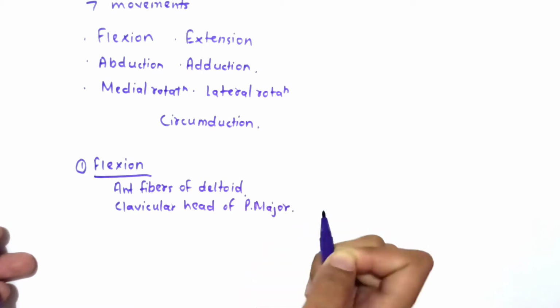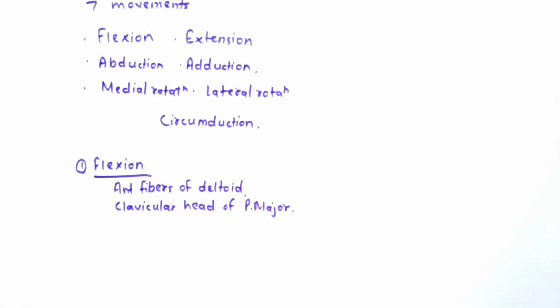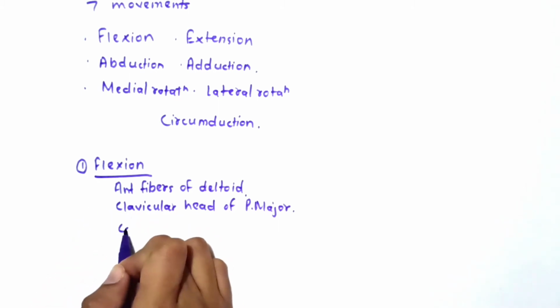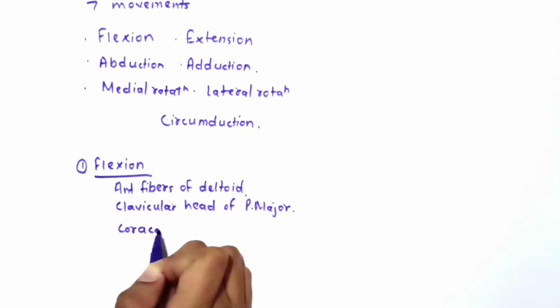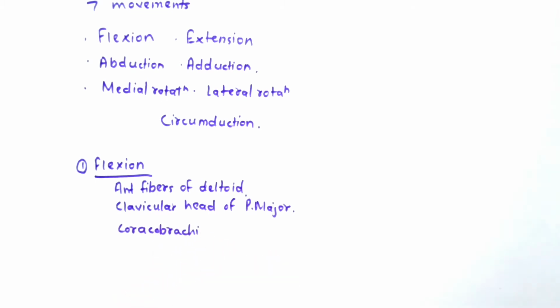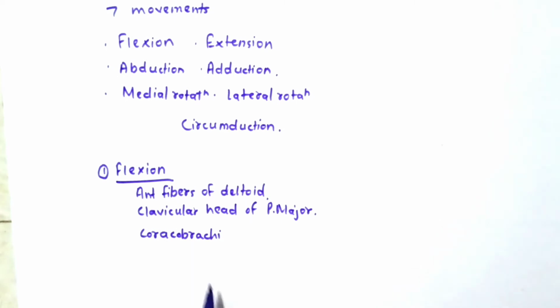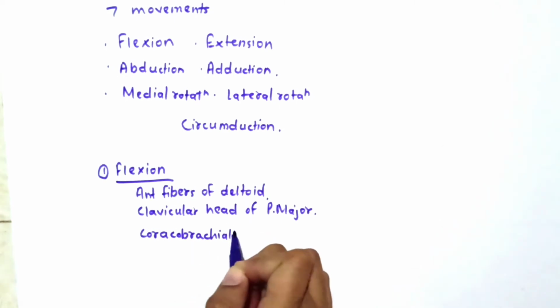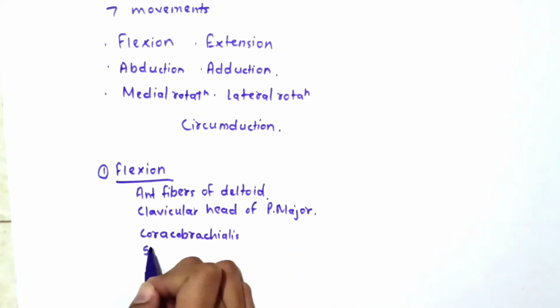These are the main muscles which are helping in the flexion, and the accessory muscles are coracobrachialis and short head of biceps.